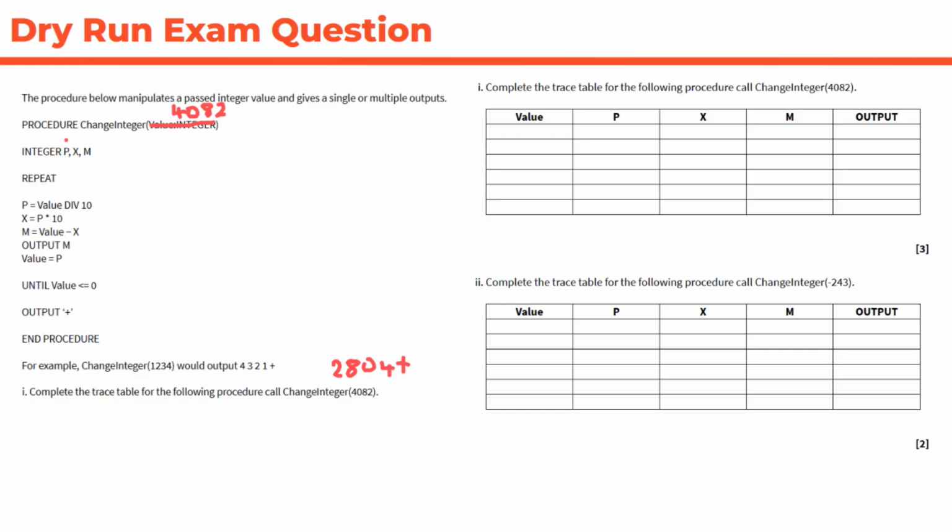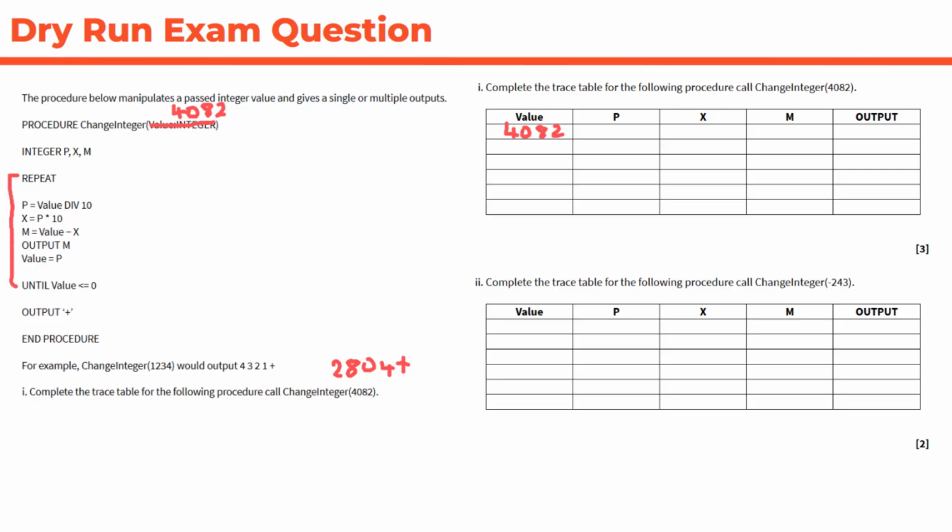Integers are created, so we've got p, x, and m. They are variables, p, x, and m. And it says output there. Now, I've entered the value in as a parameter, so I know that this here is going to be 4082. And I've got a loop.